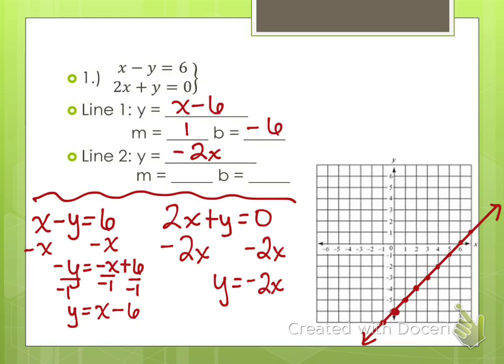We need to know the m and the b. Who can help me out with that? It's like what we were doing on Friday, just identifying m and b. Lexi.